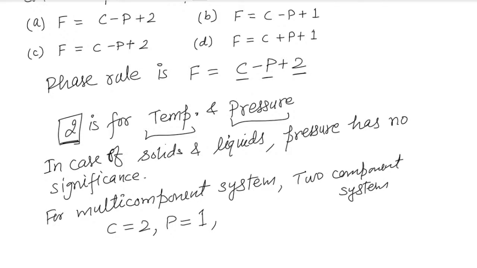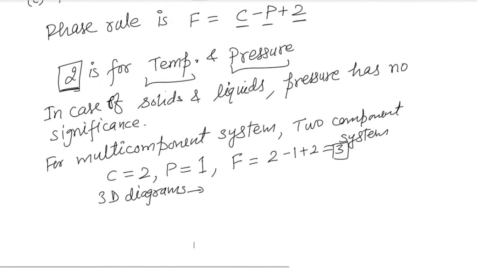So the maximum number of degrees of freedom is 2 minus 1 plus 2, that is 3. That means there are 3 variables. So that means we have to frame a 3D diagram, and 3D diagrams are very difficult to draw on the page, because this page is 2D, the screen is 2D in front of you.